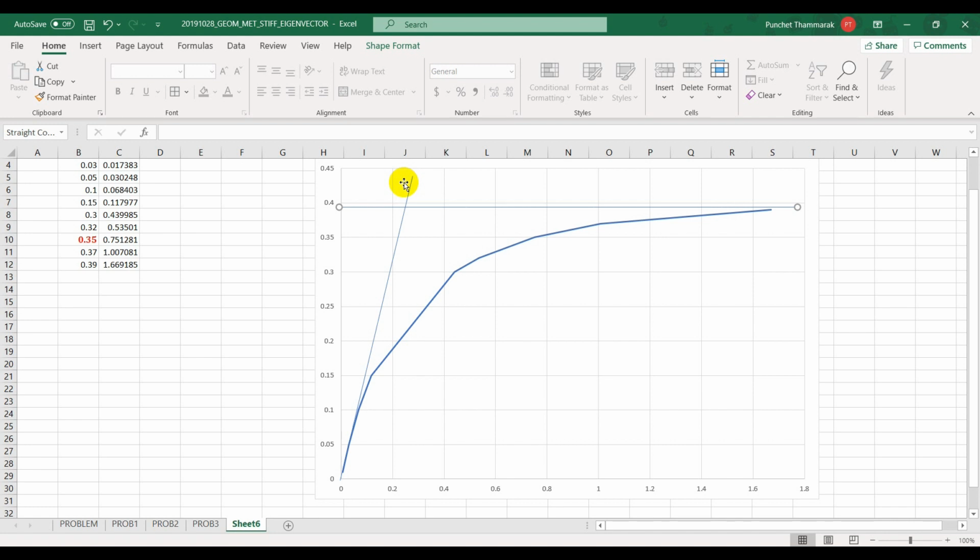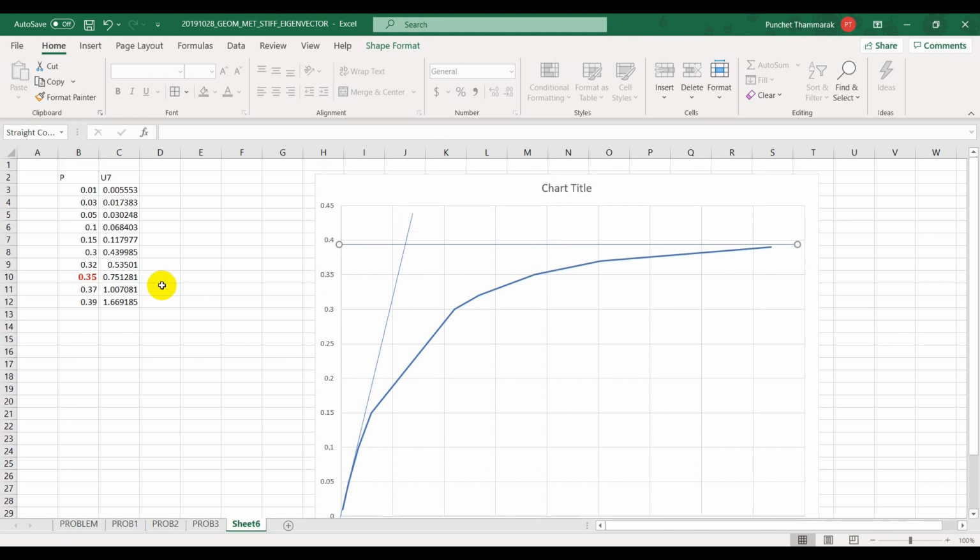So just linear, just change the horizontal load value, and you'll be getting the straight line solution pretty much like this. It should be like the tangent slope of the curve. Okay, that should be just enough.